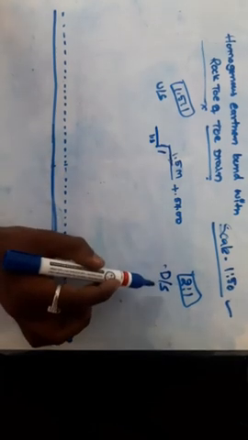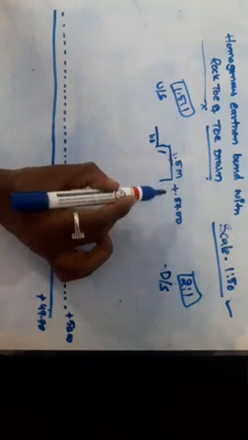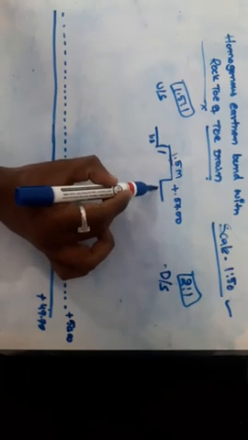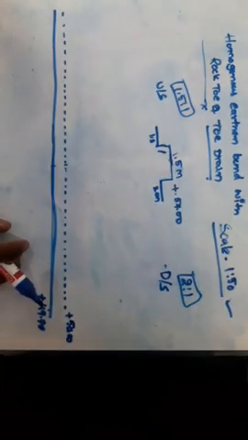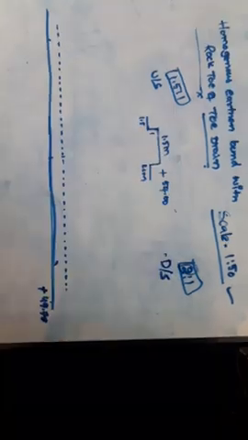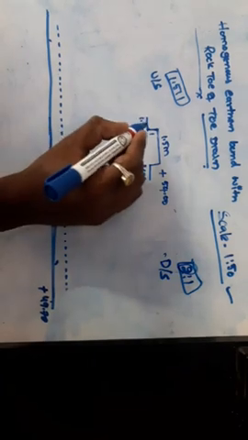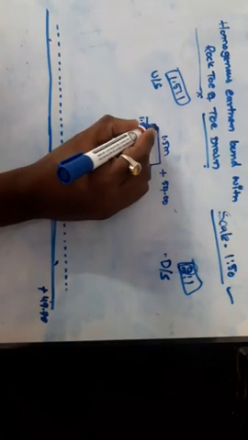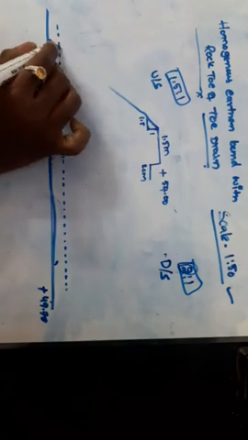Next, downstream side slope. 1 is vertical, 2 centimeter is to the right side, that means 2 ratio, that means 2 centimeter. Now we have to draw the side slope of the earthen bund on upstream side.